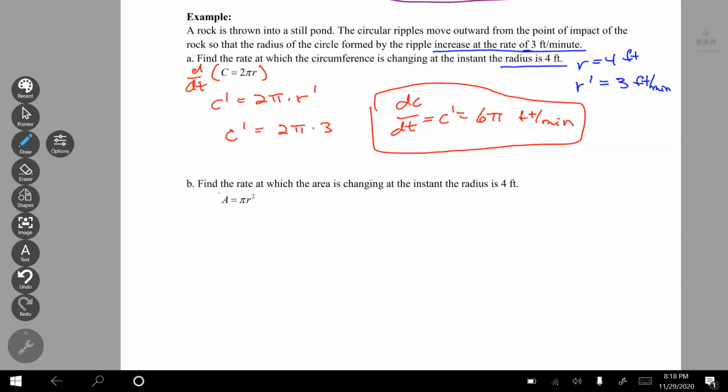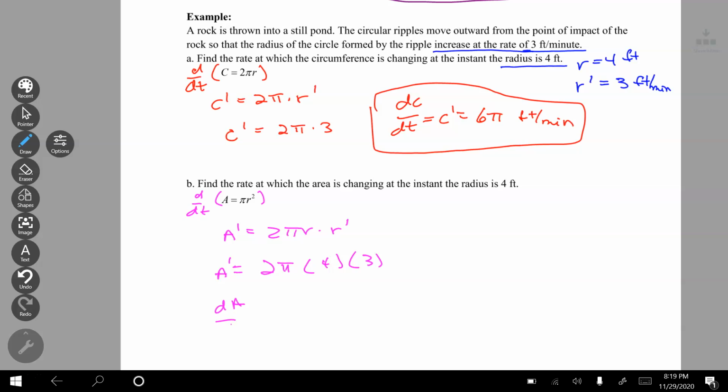I could do the same thing. I'm going to take my d dt of this, and I get a prime is equal to 2 pi r times r prime. And I could put in the things I know. A prime is equal to 2 pi. My radius in the moment is 4 feet. My r prime is equal to 3 feet per minute.